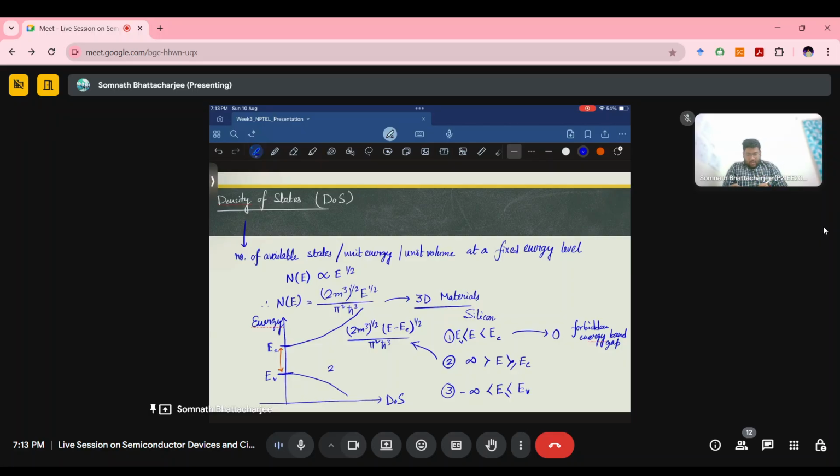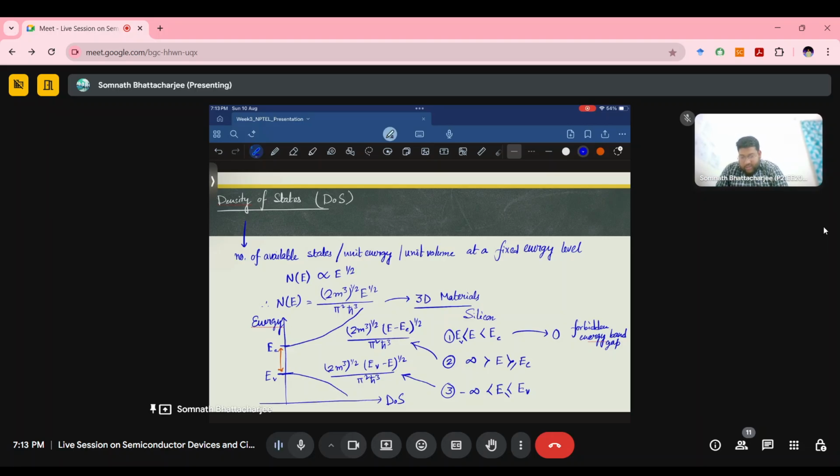The value would be 2m cube whole to the power half, times EV minus E, as EV is greater than E, to the power half, divided by h cut cube. So this is the third state. There are three different cases where energy can take up three different values.